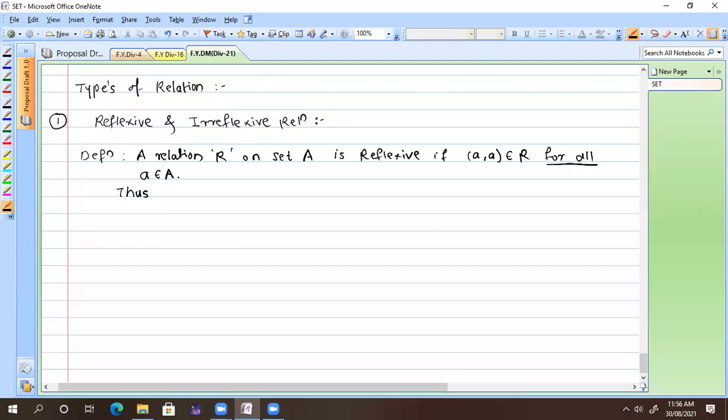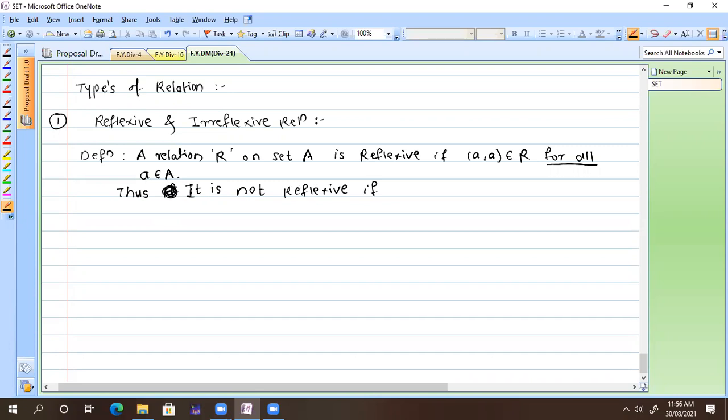Otherwise, it is not reflexive, or sometimes it is called irreflexive.